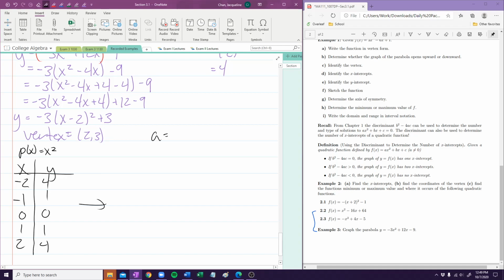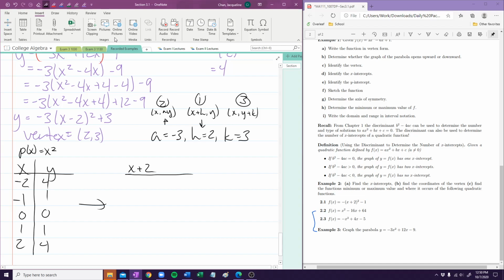I know a is negative 3, I know my h is 2, and my k is 3. Okay, so I'm going to do x plus 2, because remember this would be x plus h, y. This is x and then y plus k, and then this is x, a, y. And then if we're doing it in order, this would be 1, 2, and 3.